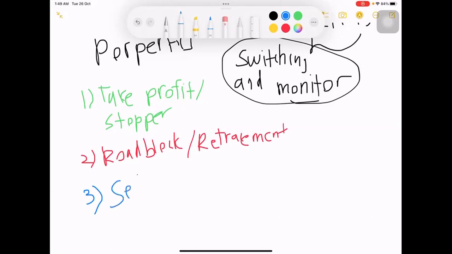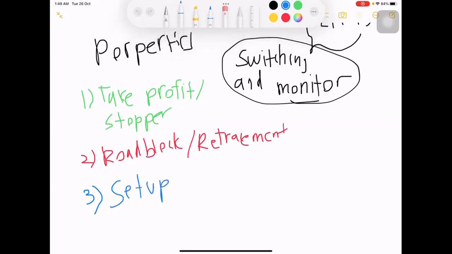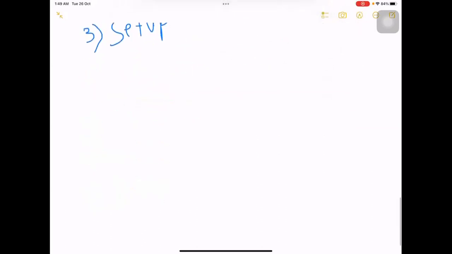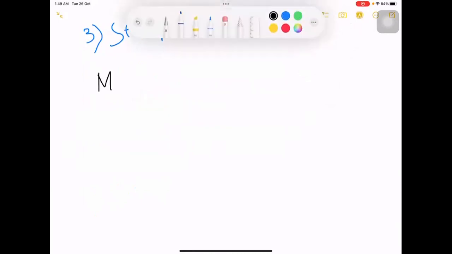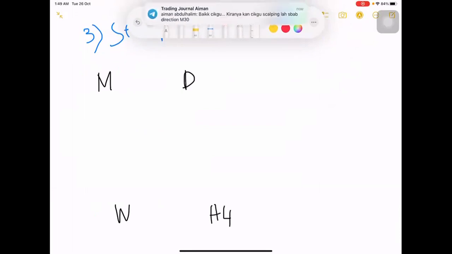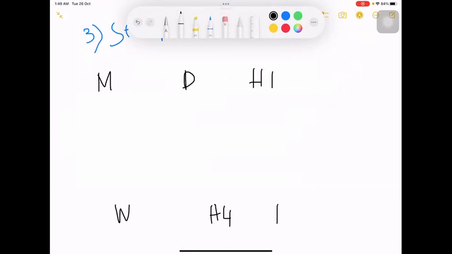Multi time frame. We have 9, right? Monthly, weekly, day 1, H4, H1, M30, sorry.